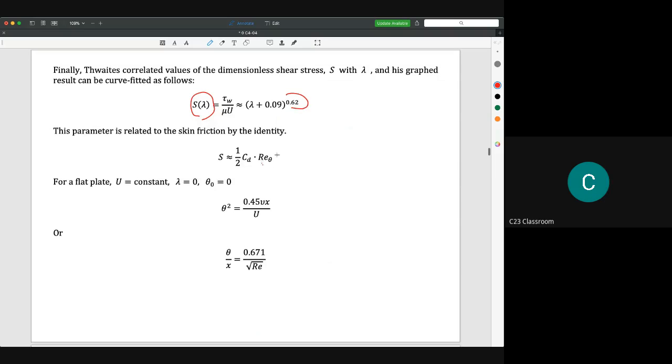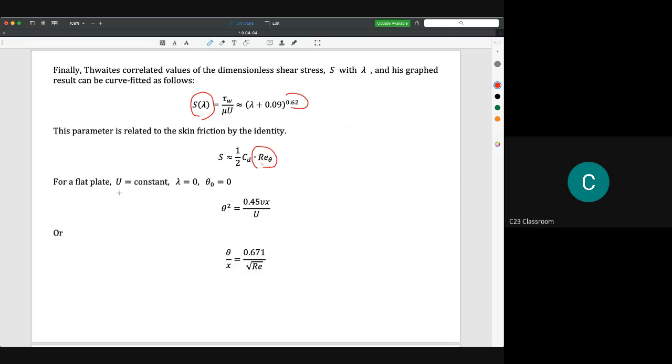So what is the Re theta? Re theta is actually the Reynolds number based on the location of theta, so it is not based on the distance of a certain object. So finally, if we calculate it, this can be done as a mathematical solution.